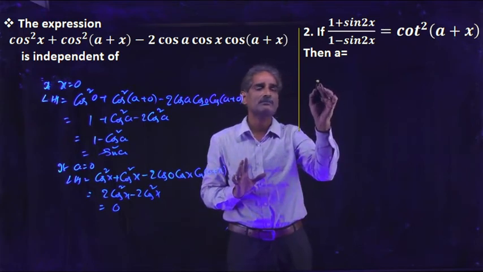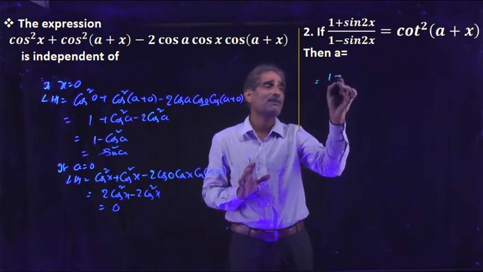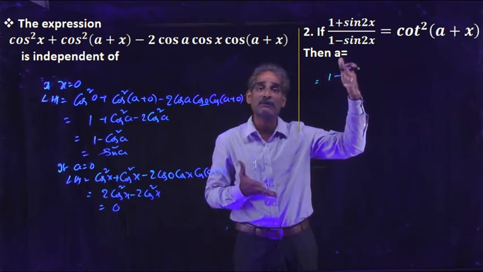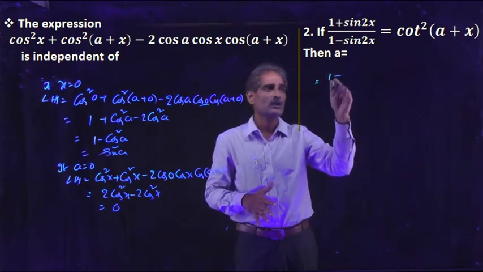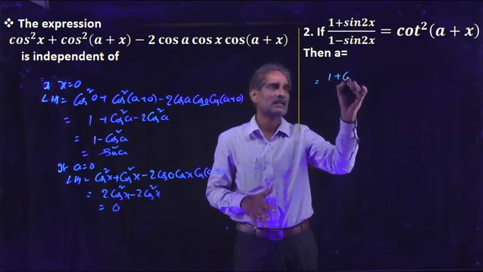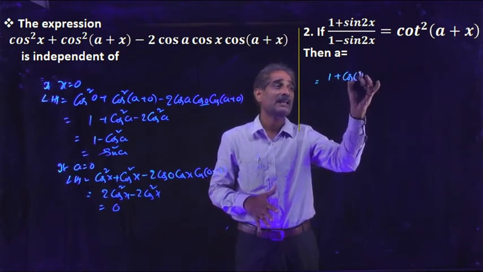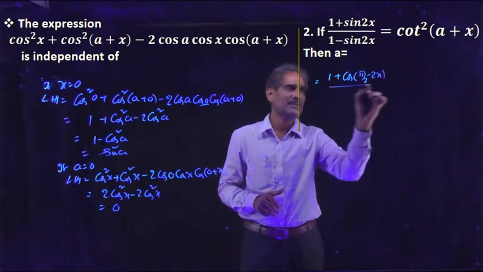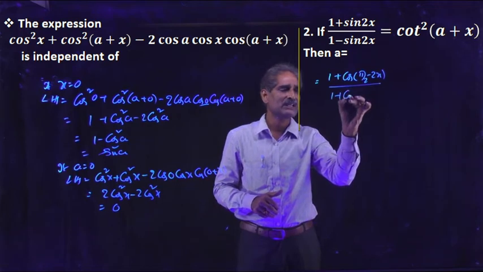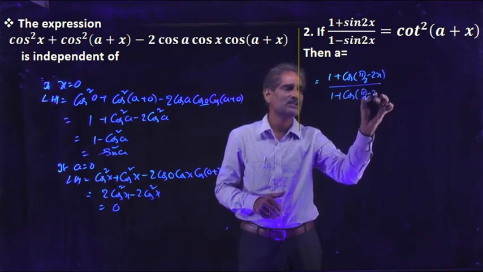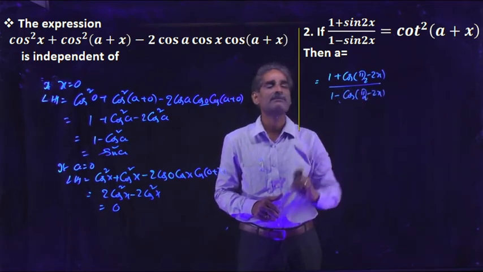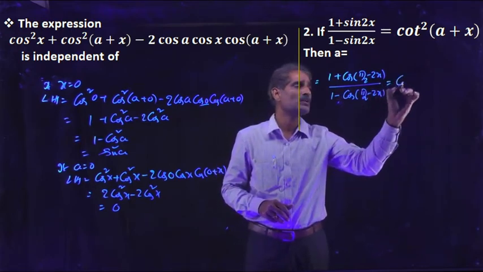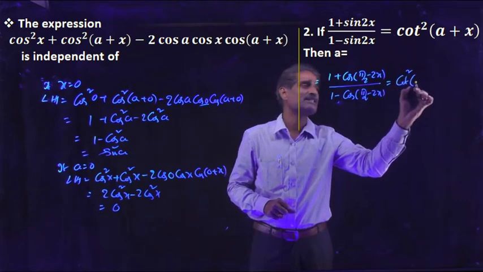Here, 1 plus or 1 minus sine function is there. Better to bring it into the form of (1 plus cos) by (1 minus cos). So (1 plus cos of (90 minus 2x)) divided by (1 minus cos of (90 minus 2x)), sorry, minus is there, is equal to cot square (a plus x).